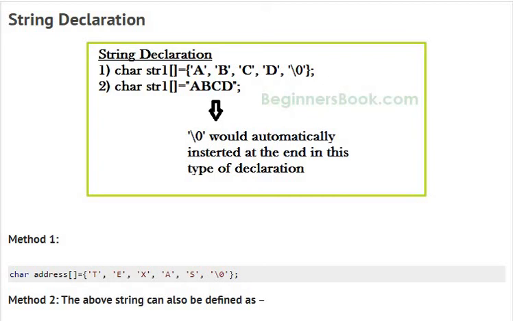A string can be initialized in two ways. One, placed within single quotations separated by commas, ended with \0. Another one, you can put it within double quotations. As we discussed in arrays, during initialization of either an array or a string, we need to specify the size.